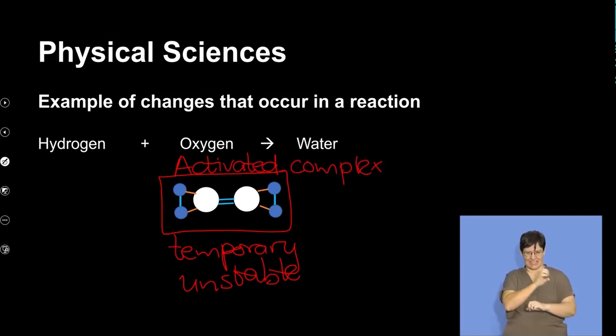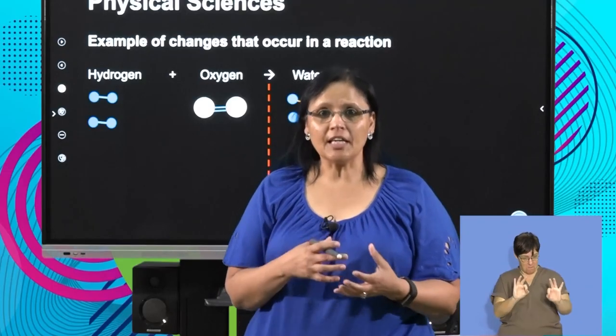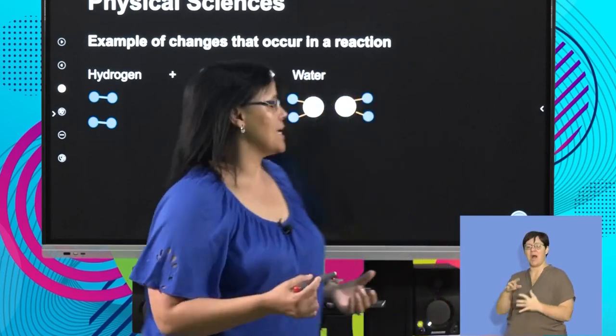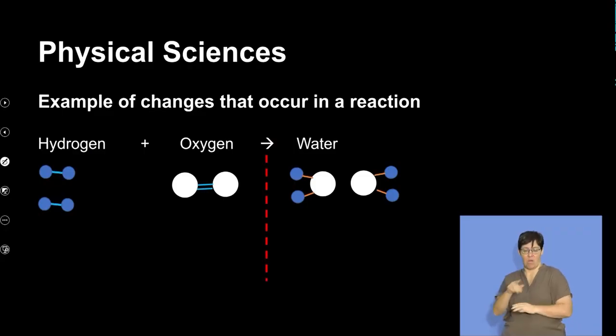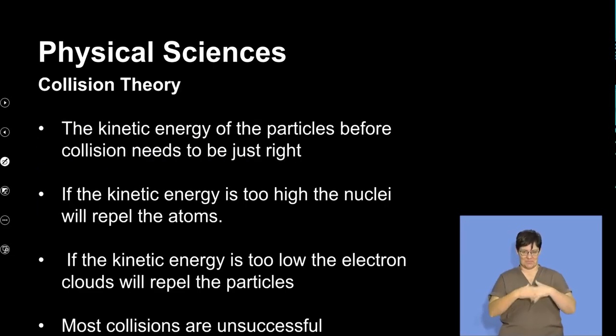So during that time, there's a bumping, but if that bumping or that collision is not a correct collision, we see that it will not form water. When we do have the collision taking place the right way, in the correct way that we need it to take place, we will see that after being in that unstable state, it will form the water molecules.